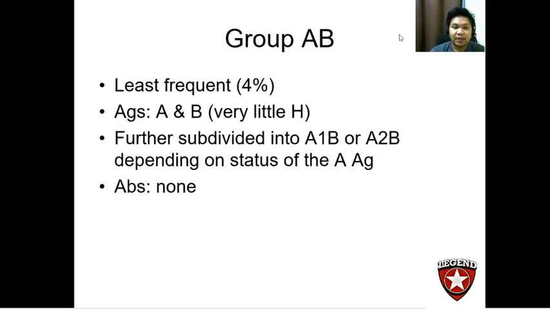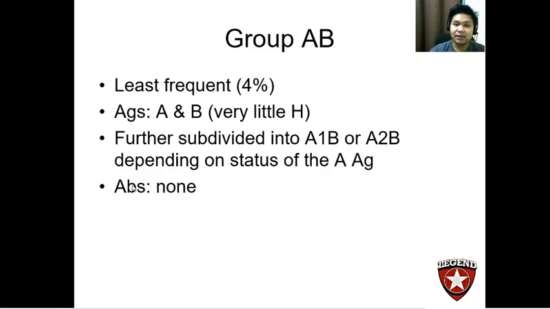Lastly, you have your group AB, which is the least frequent, okay, comprising around 4% only of the population. The antigens present are A and B, and you could have some H antigen also. This could be further subdivided into A1B or A2B depending on the status of the A antigen.